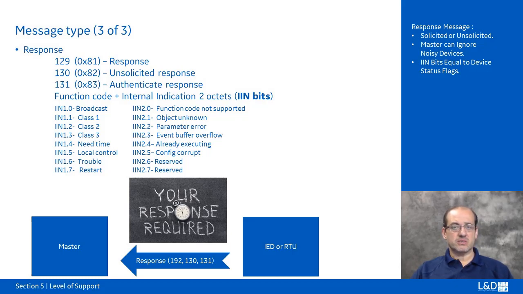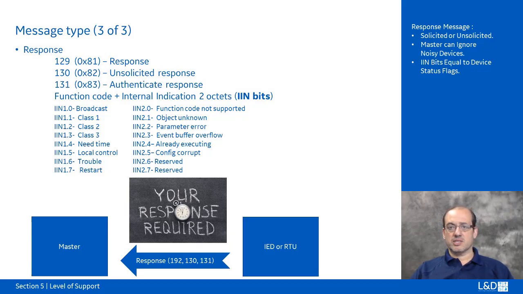Now, every message has the IINs, or the internal indications bits. Those internal indication bits are basically 2 octets, as you can see in the picture. Each bit in those 2 octets has a meaning.